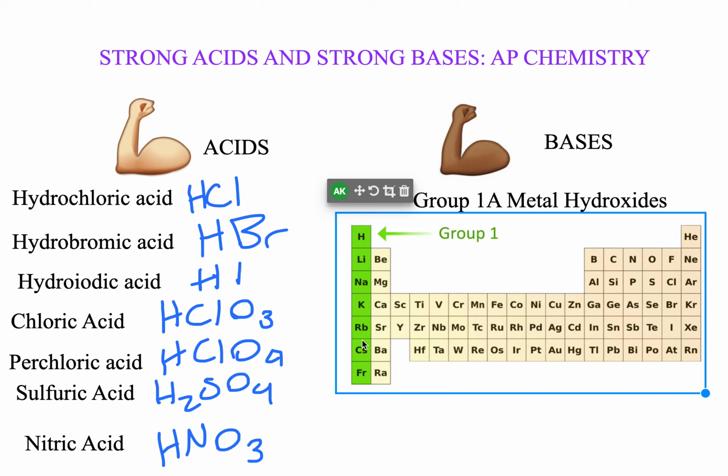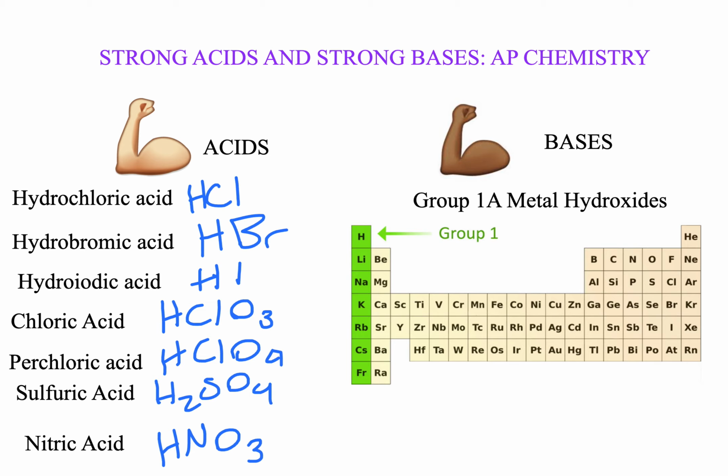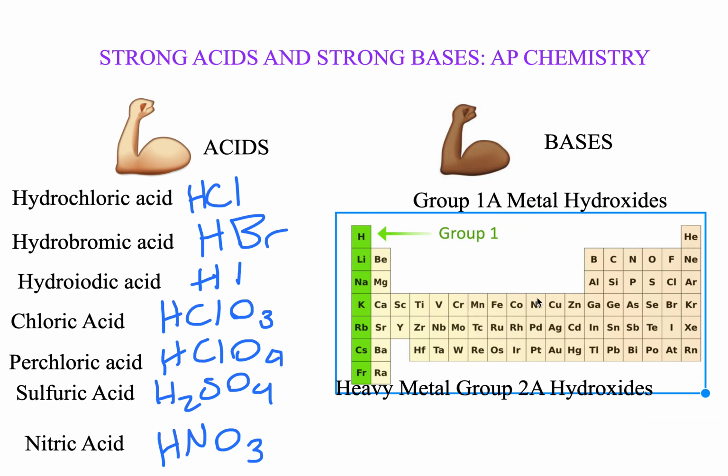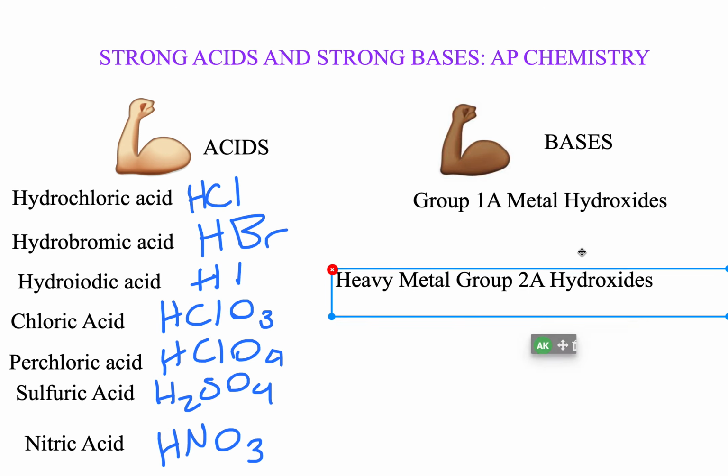So mainly what we're focusing on here is lithium hydroxide, sodium hydroxide, potassium hydroxide, rubidium hydroxide, and cesium hydroxide. These are very strong bases. Group 1 is strong.